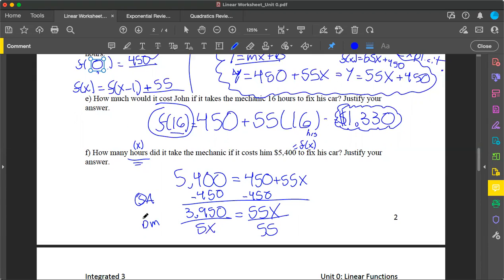And if you run the arithmetic on this, not 5x, that's silly, 55x, divide it, that cancels. And you're eventually going to say that x is approximately 71.8. What do you think? Dollars, cents, hours, cars? Hopefully you're thinking hours.